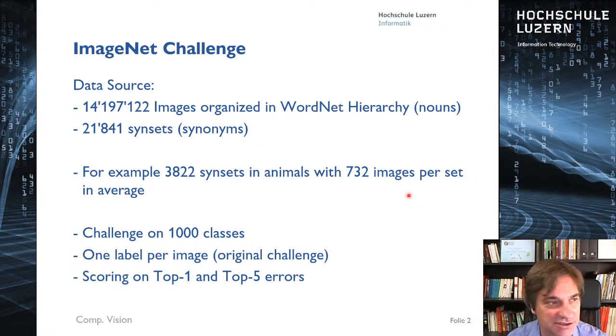Then the actual challenge on that data set does not use all of the data of these 21,000 syn sets, but it uses only 1,000 classes, and usually you looked at the scoring of the top 1 and the top 5 errors. A top 1 error means you have to predict which class is seen in the image. A top 5 error means you are allowed to give 5 different classes, and the correct image class has to be in those top 5 classes.